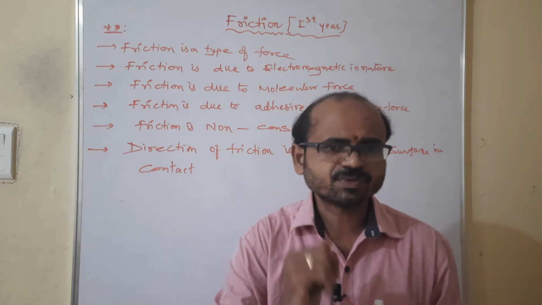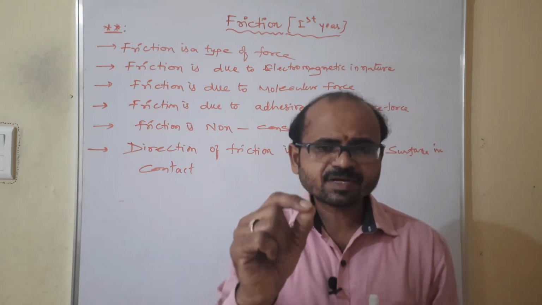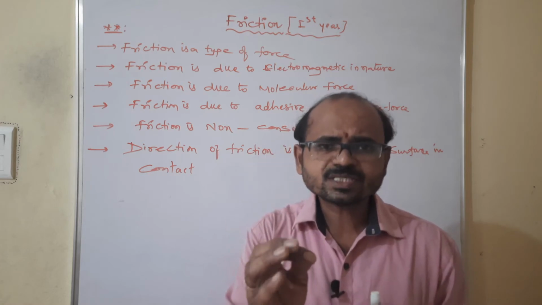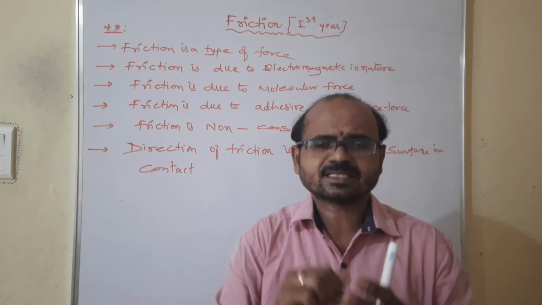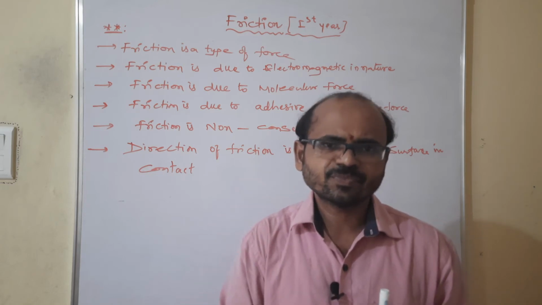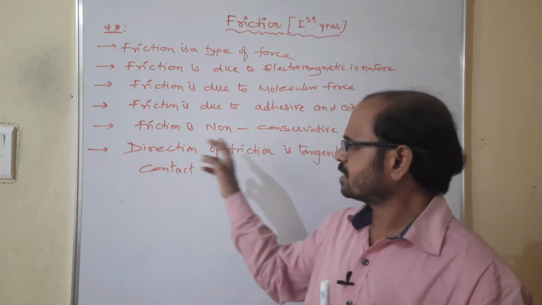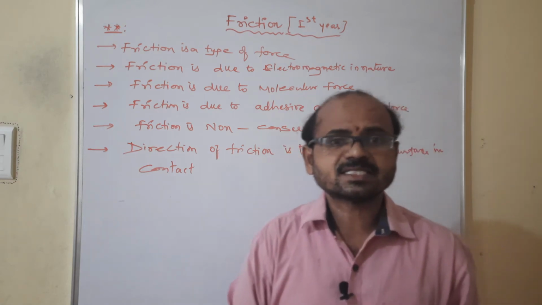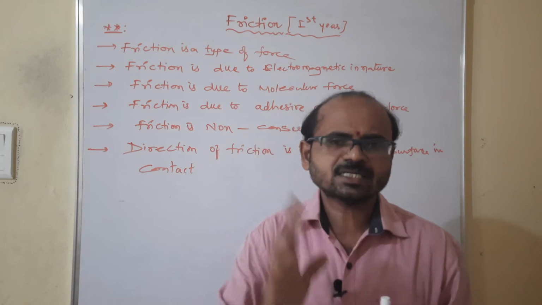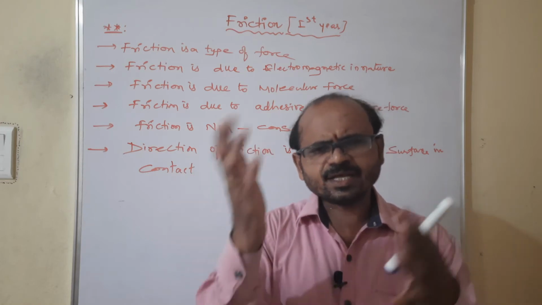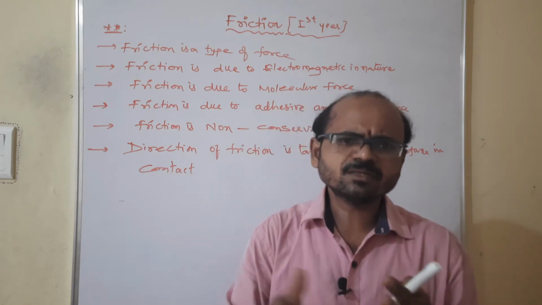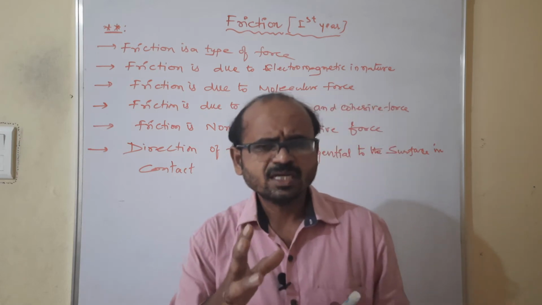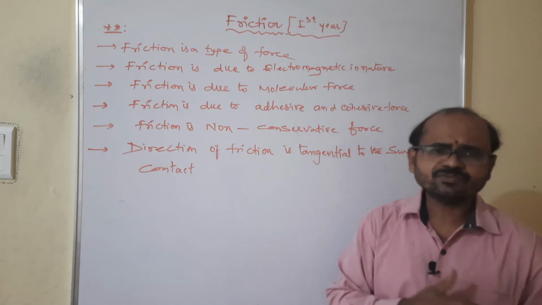This is a very, very important point. If it is not equal to zero, we call it non-conservative. If it is equal to zero, we call it conservative. Frictional force is a non-conservative force, because in a given closed path, such as on a rough inclined plane, the work done is not zero.